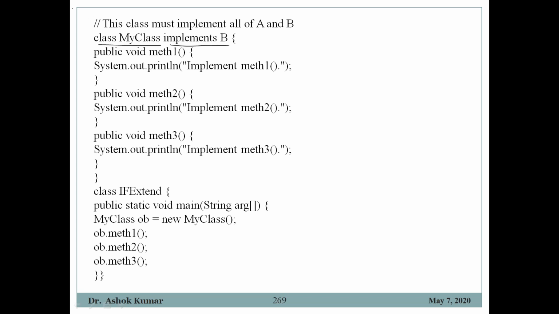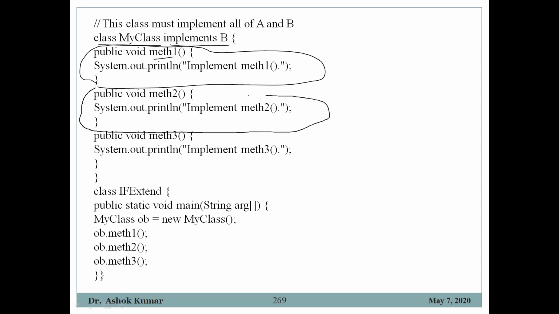So we have defined three methods in this my class. One is math1, this is the definition of the math1 method. Then this is the second method, math2, its definition. Then the third method, math3. And this is the end of the class.